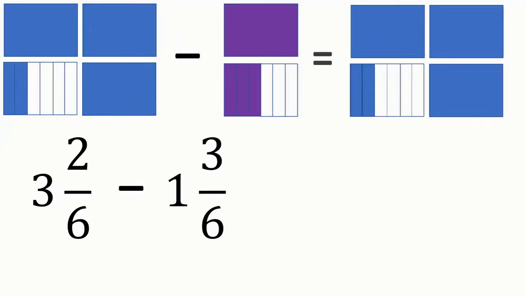And so we will remove 1 and 3/6, 1 whole and 3 parts. 1, 2, but then the third part is not there. Then we have to slice 1 whole so that we can remove 1 part to make it all 3.